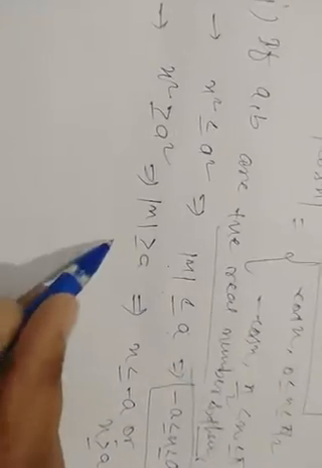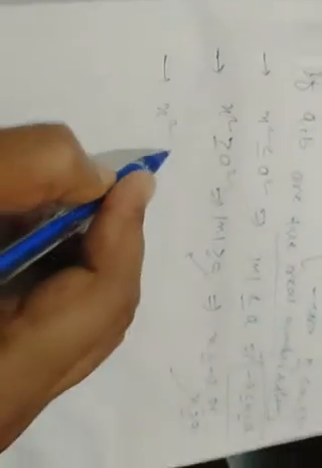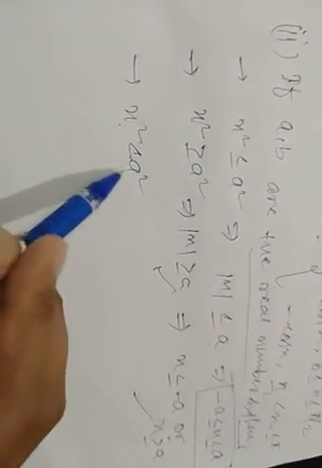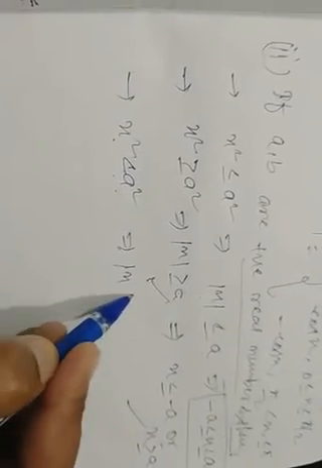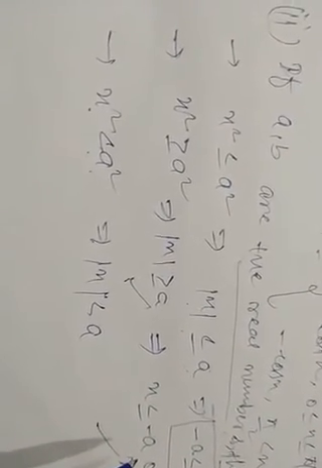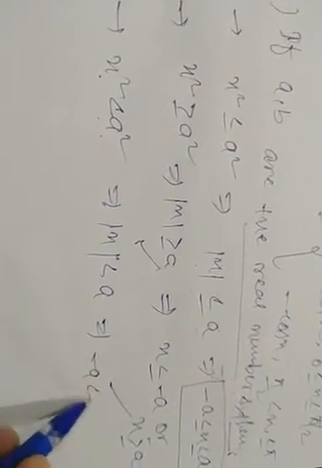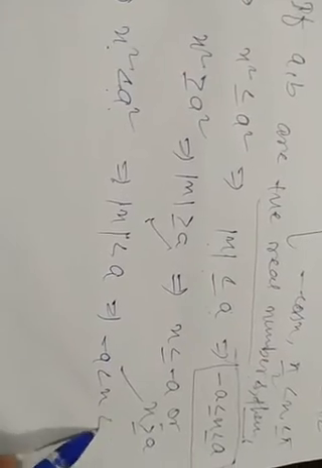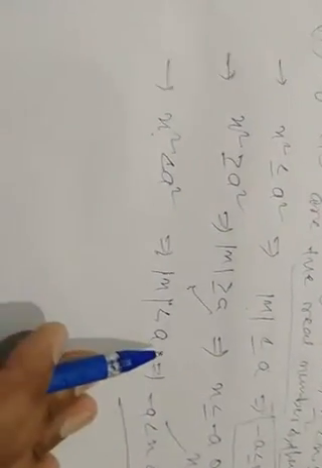Similarly, if x square is less than a square, this means mod of x is less than a. It means minus a is less than x, less than a. This is the property of modulus function.